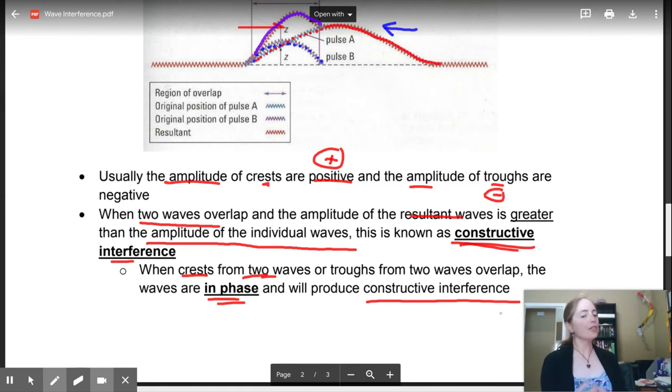Think of constructive interference as two people who are very talented at singing, and they hit the exact same note at the exact same time. The two waves add over top of each other, and the sound wave is going to be louder.